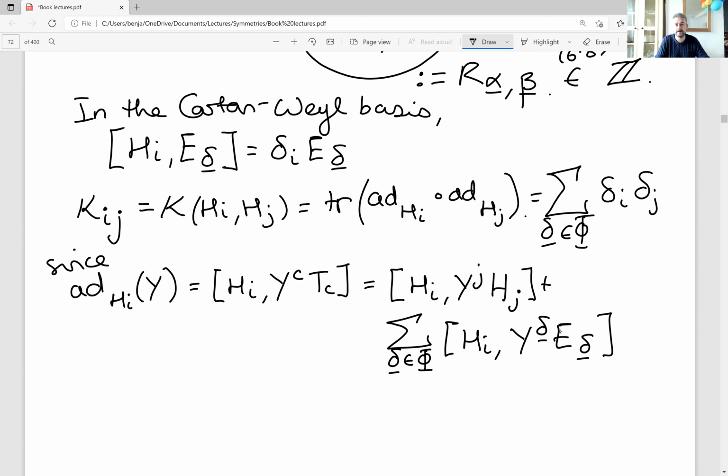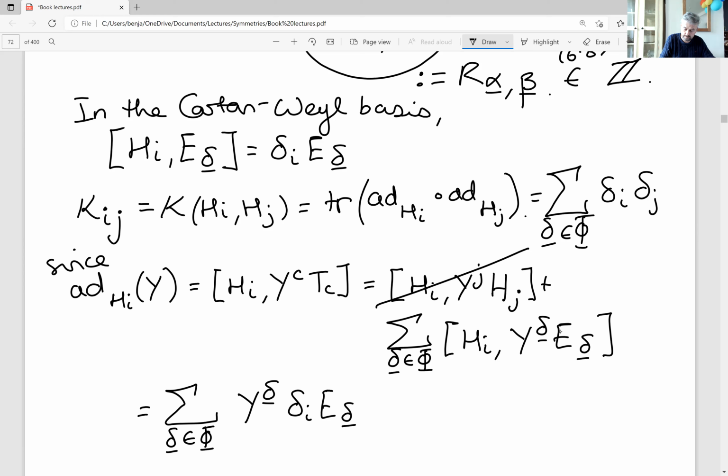Okay, so of course the elements of the Cartan subalgebra, H_i commutes with H_j, so that term goes away. And so we get E_delta.